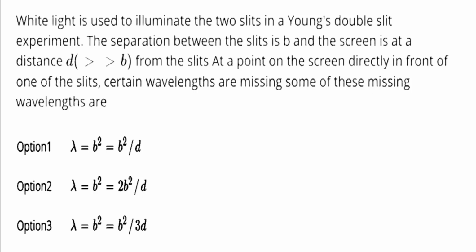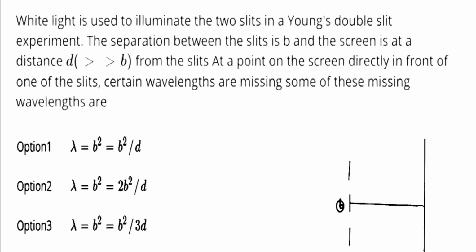Now we draw a diagram, that is, the slits. Let this be the slit here and this slit, and the distance between the two slits is given, that is, this is equal to b.